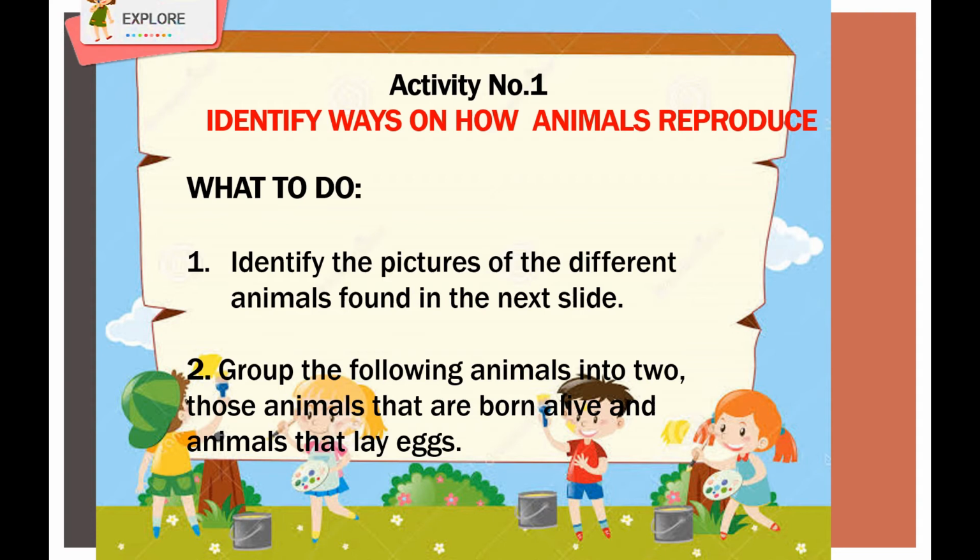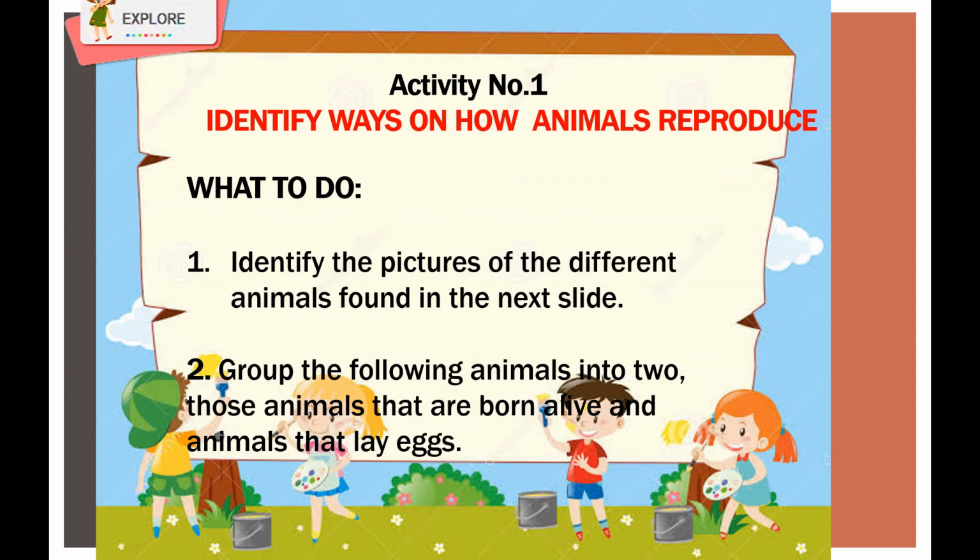Our first activity is entitled Identify Ways on How Animals Reproduce. What to do? Number 1, identify the pictures of the different animals found in the next slide.